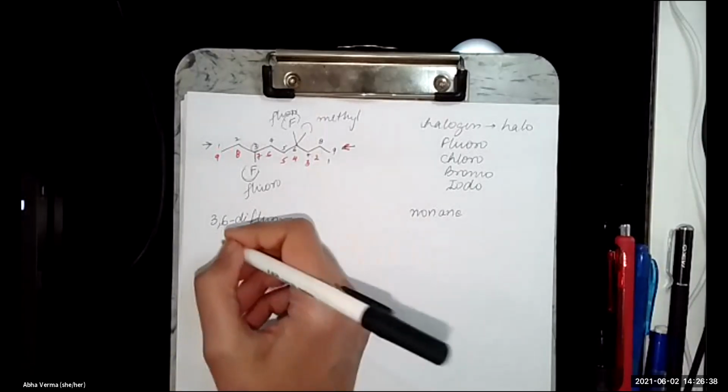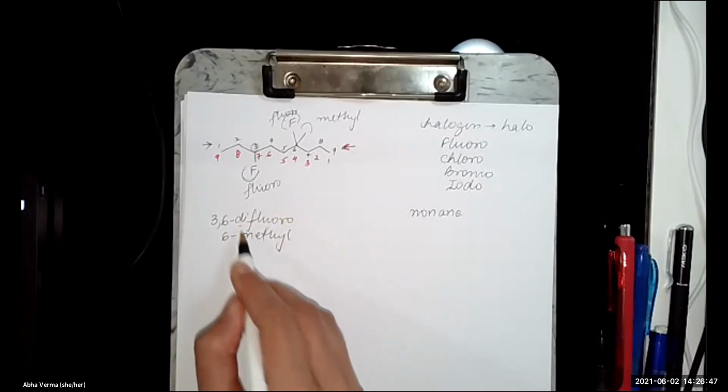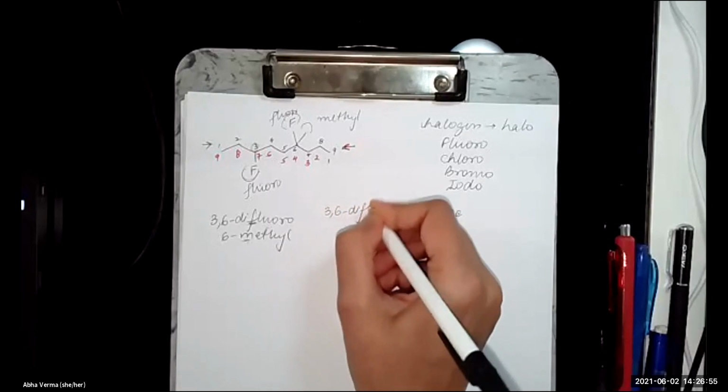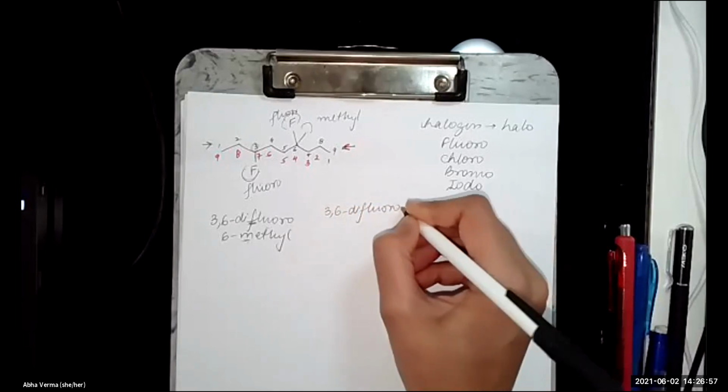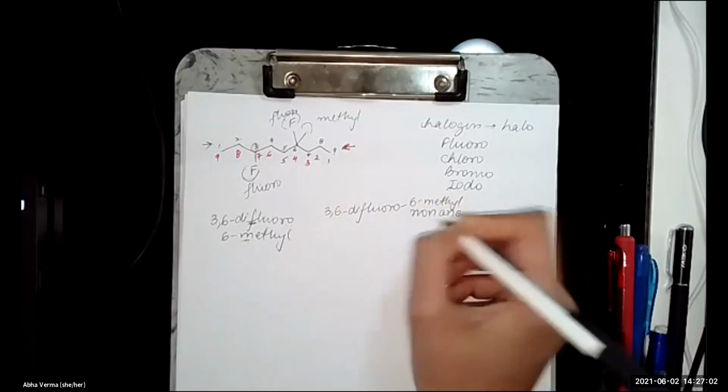Where is my methyl? It is on the sixth also. So I'm going to label that number again. Who is going to be written first? The D or the M or the F? The F. We are going to consider F first. So 3,6-difluoro-6-methylnonene.